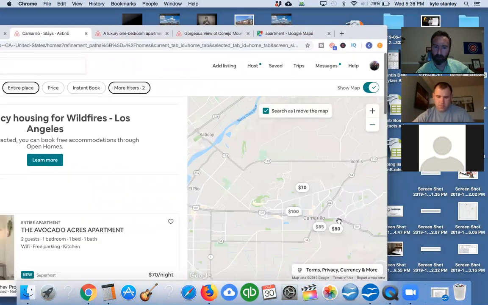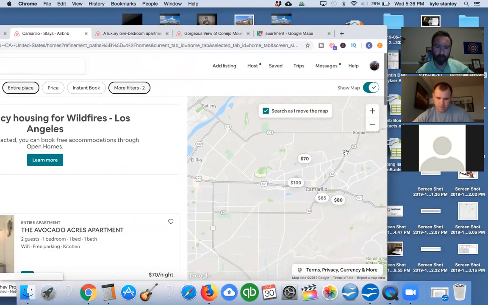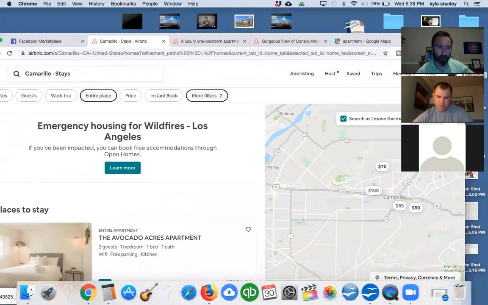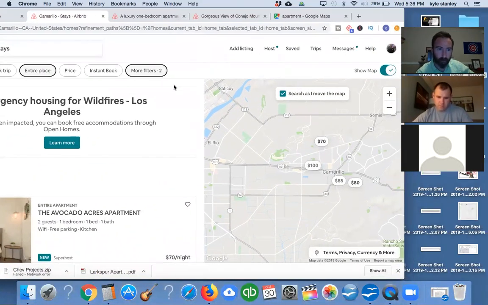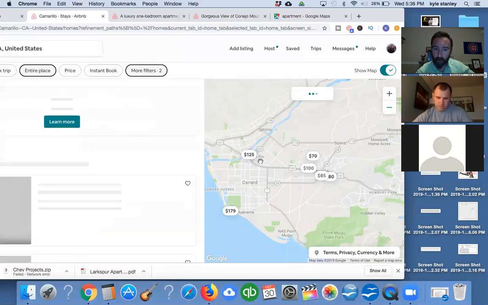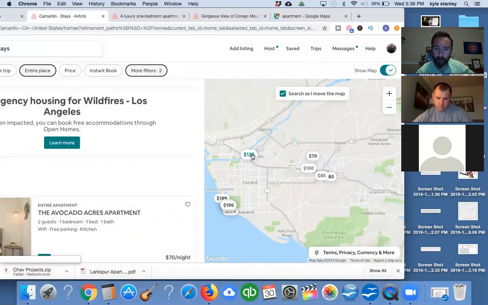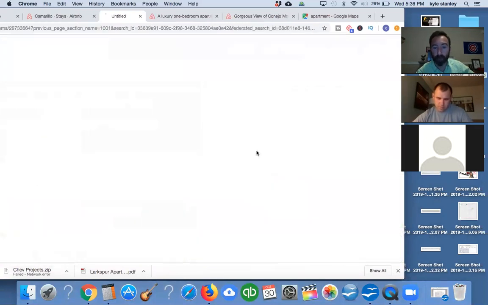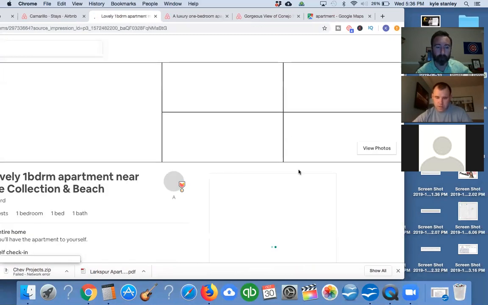Let's see if we can find some others. A 3-bedroom townhome. I was only seeing 4 places available. What are my filters here? Oh, that's right, apartments. So let's zoom out some more. All right, 11, still not a lot.